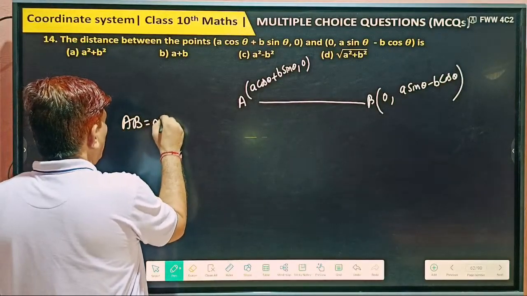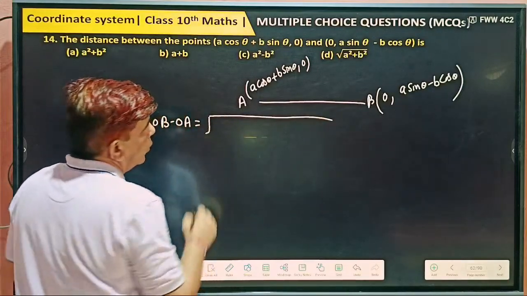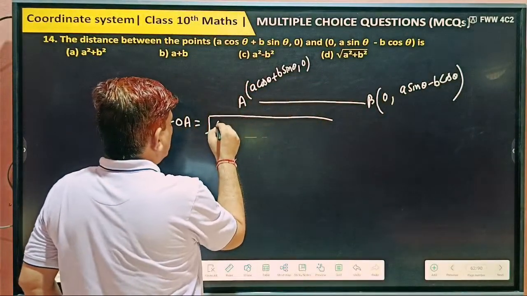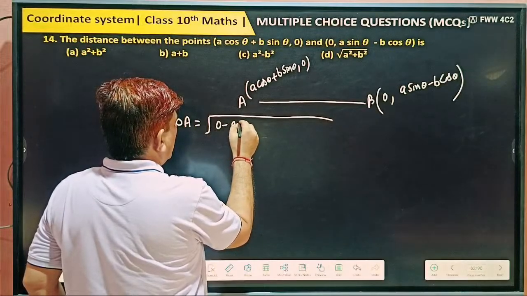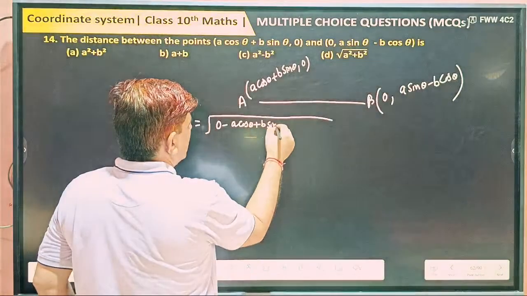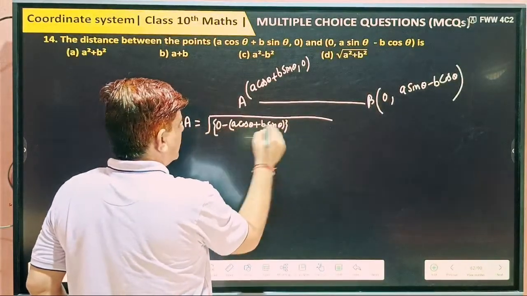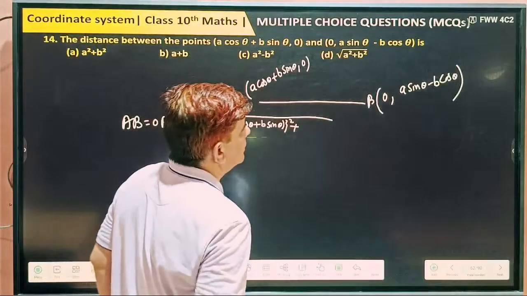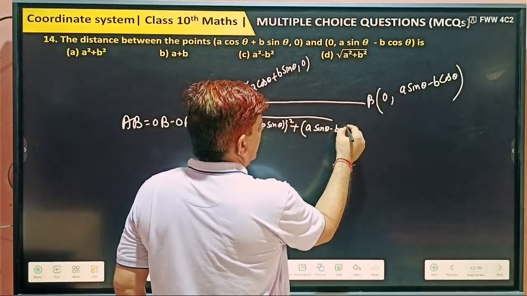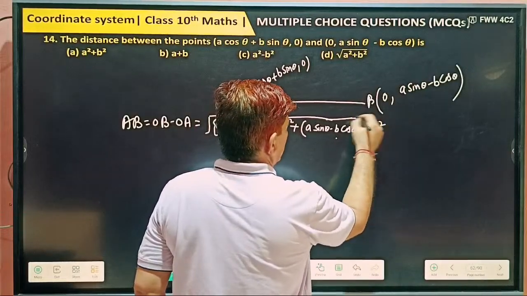AB equal to OB minus OA, which is equal to under the root, OB, this 0 minus this 0 minus A cos theta plus B sin theta. So we can take this like this, and then this square, plus A sin theta minus B cos theta minus 0, it's also whole square.